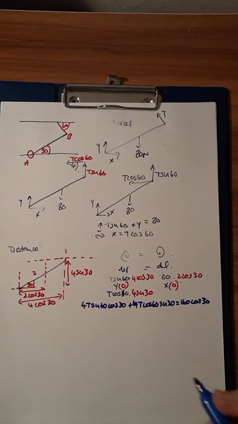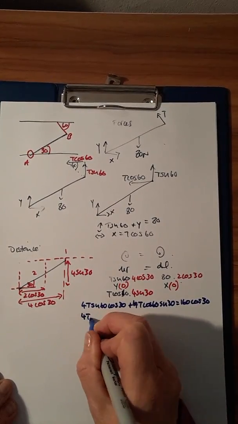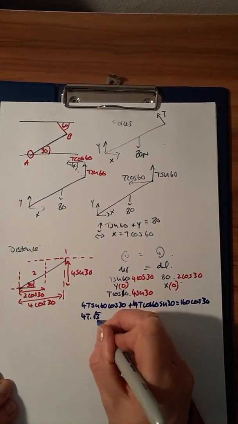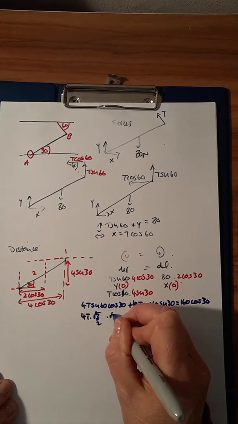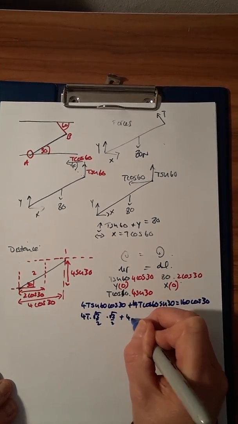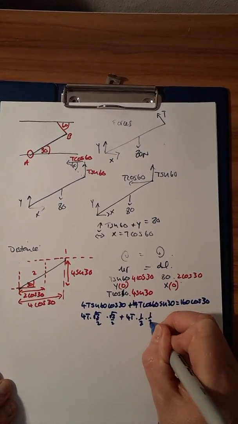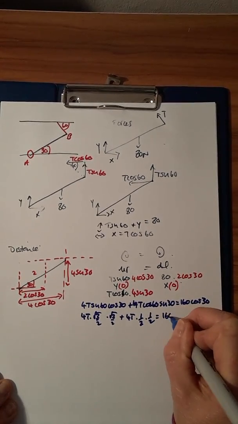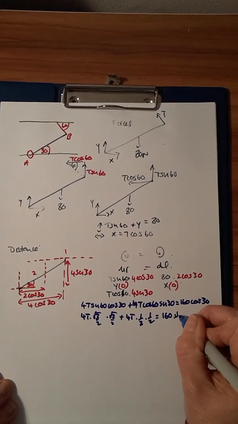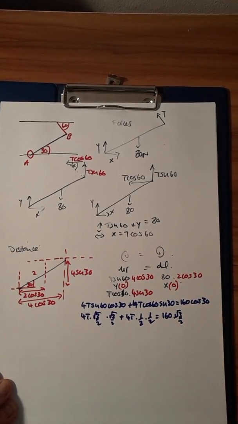Okay, I'll put in the values for all of those angles. So sine 60 is root 3 over 2, cos 30 is root 3 over 2, plus 4T by the cos of 60 is a half, and the sine of 30 is a half, and that's equal to 160 times cos 30 is root 3 over 2.